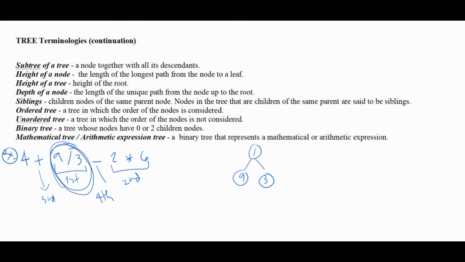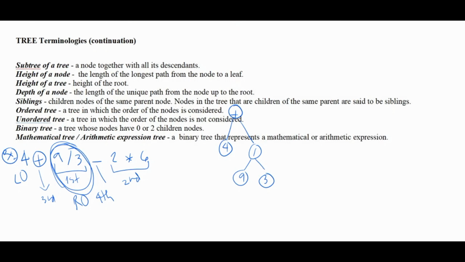And then we have here 4 plus this one. So this is the right operand and the left operand of the plus, right? So this would be plus in here, and the left operand of plus is 4. So 4 plus the sub-expression is represented by this subtree, 9 divided by 3.